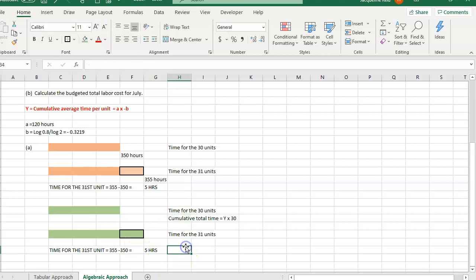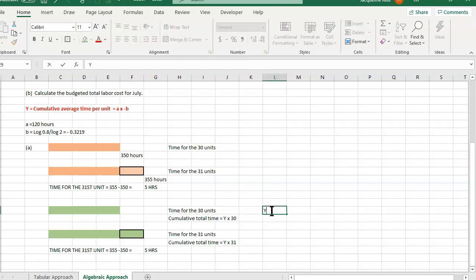Likewise, if we want to find the time for the 31 units, we have to find the cumulative total time, which means we're going to find a value for y and multiply it this time by 31. So y, the unknown, always gives you your data for 1 unit, the average time for 1 unit. So let's do the calculations now.